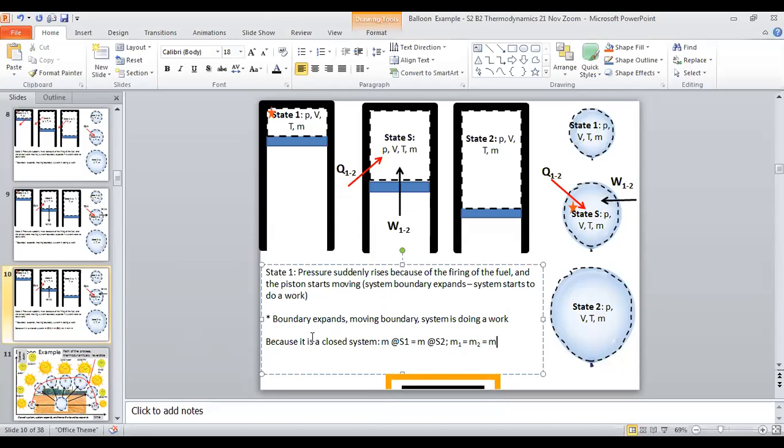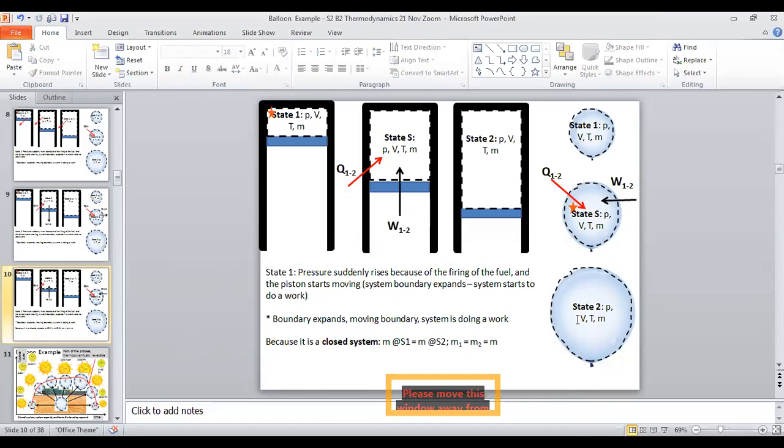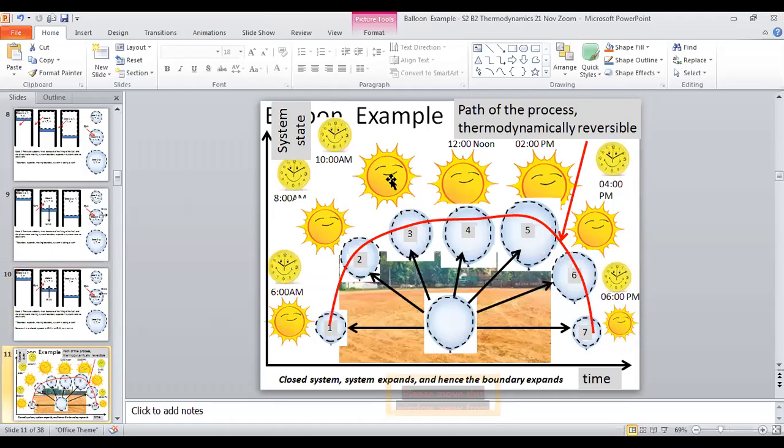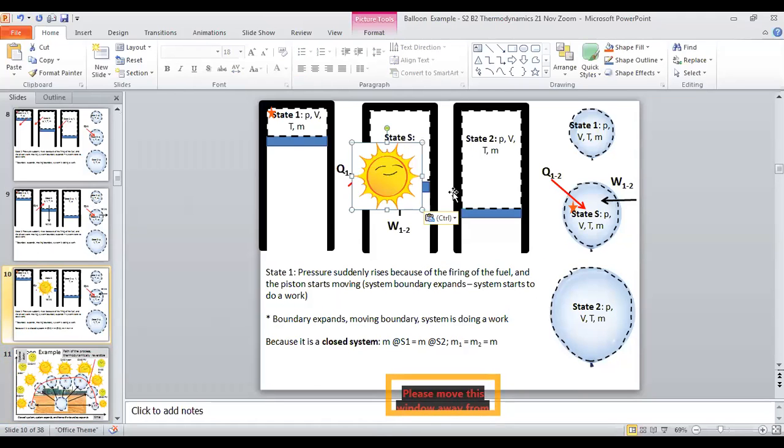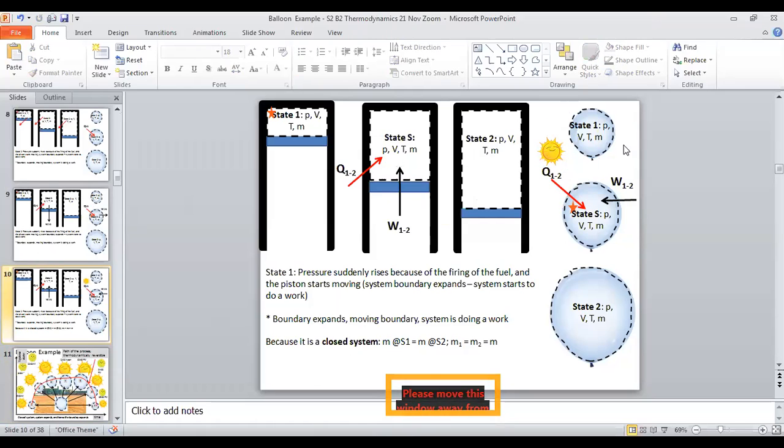Because it's a closed system, here you can see two cases, the balloon example and here. From the balloon example, you are receiving heat, of course, from the sun, for a very long period of time.